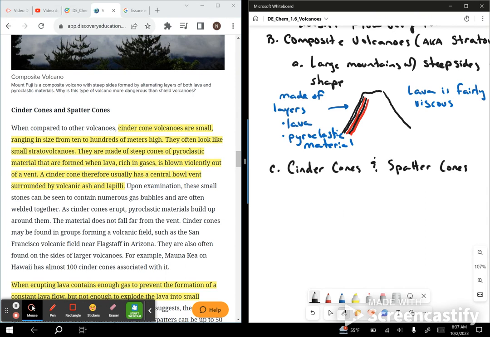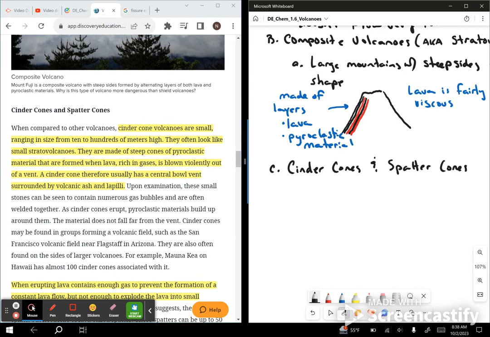They often look like stratovolcanoes. They're steep cones of pyroclastic material that have formed when lava, rich in gases, is blown violently out the vent. Okay, so they don't have as much flow, they're kind of constructed by this stuff just erupting out violently. A cinder cone, therefore, usually has a central bowl vent surrounded by volcanic ash and lapilli.